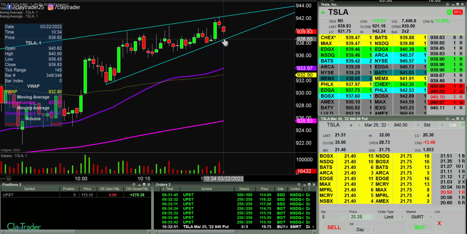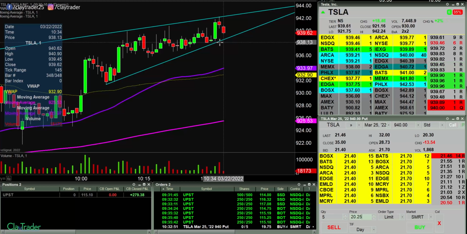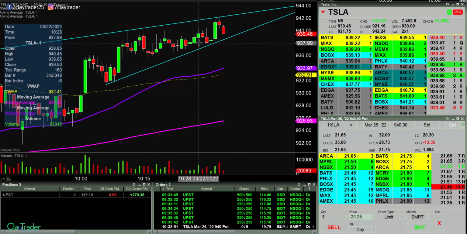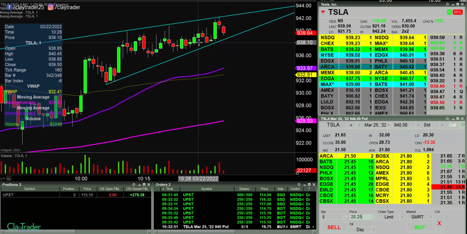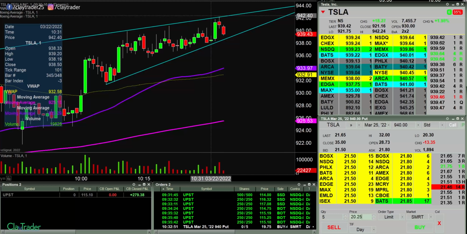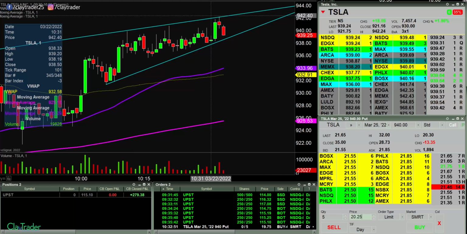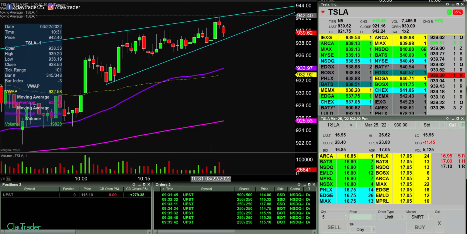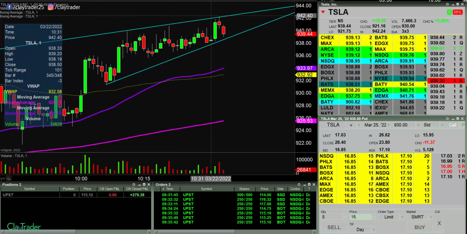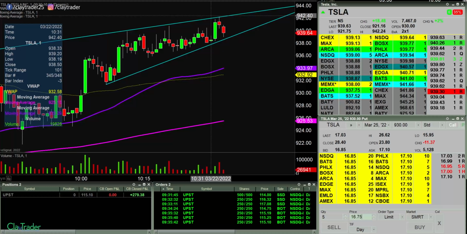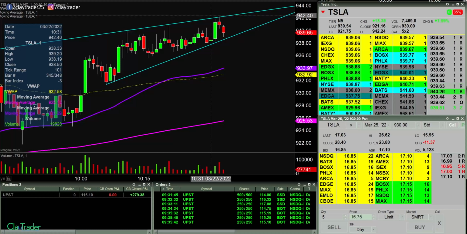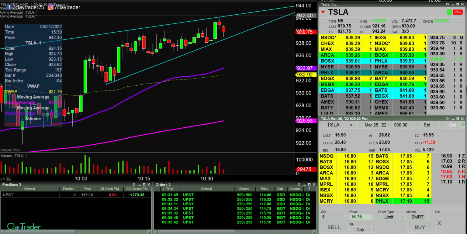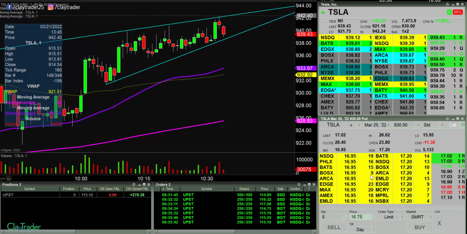Now it's coming all the way down. So the question really becomes, do I want to potentially play now a breakdown of this rising wedge pattern at 938? Looking over at the 5 minute, that is a good.